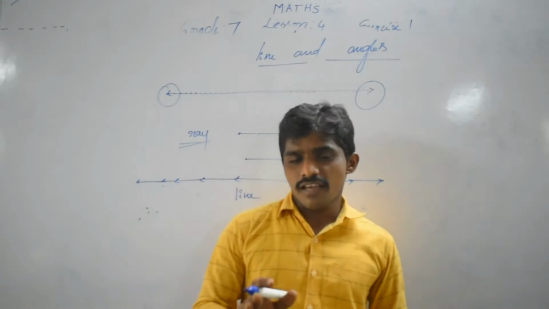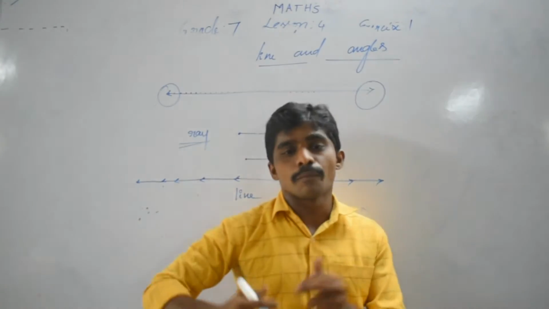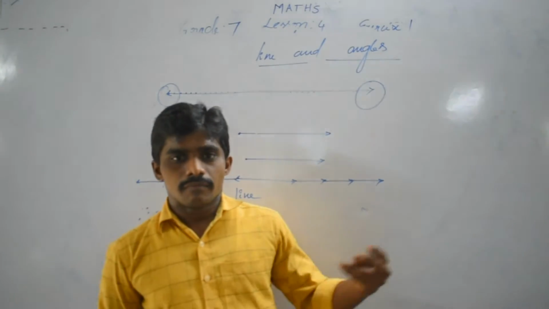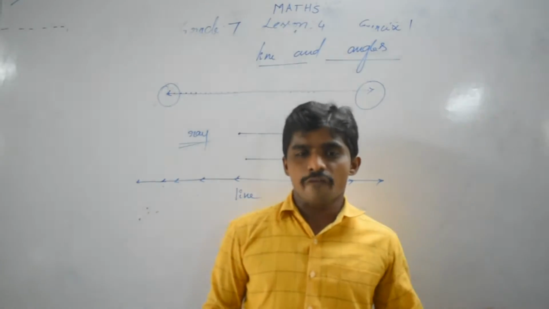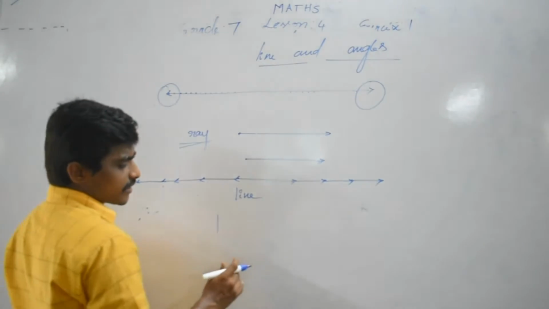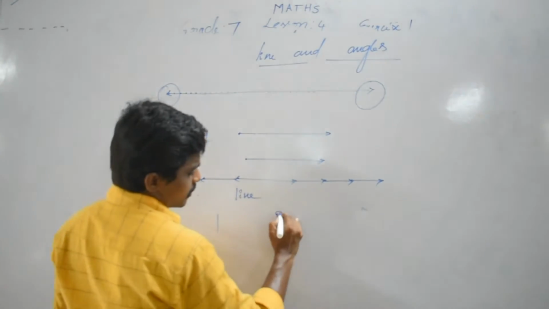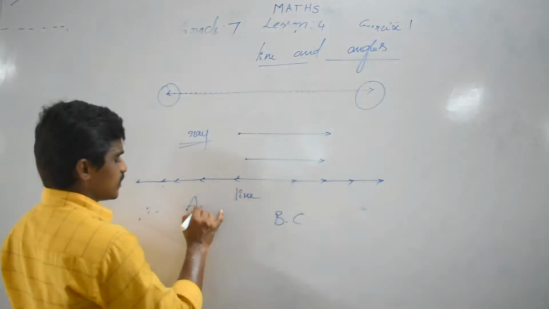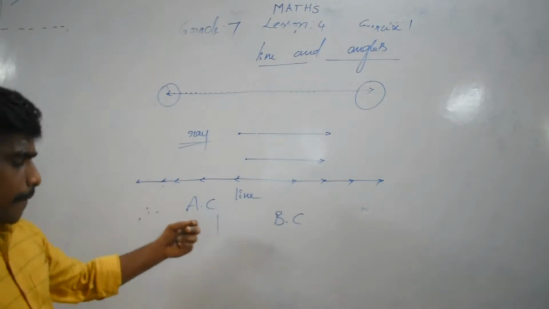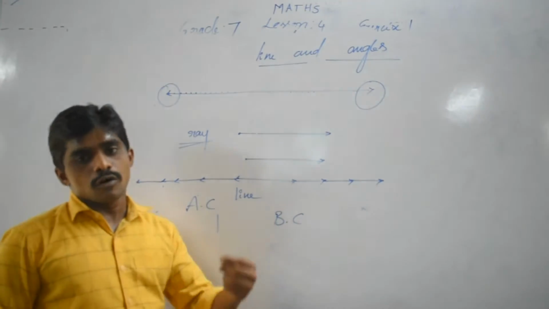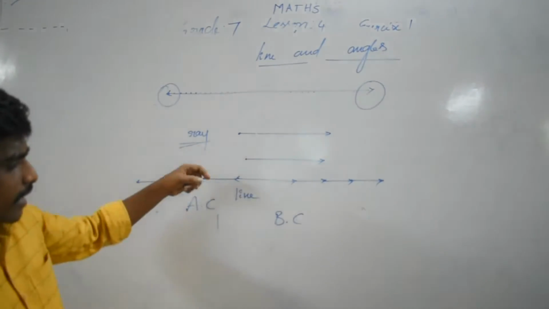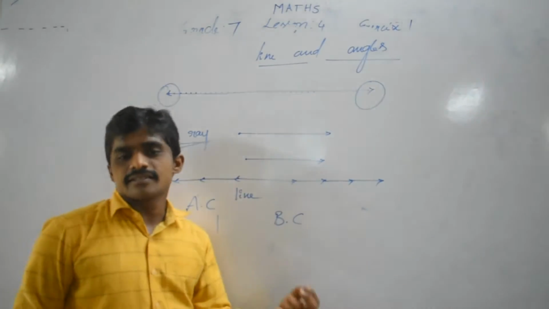The first year is not really a starting year; that is human-created. We divide total time into two parts: BC, before Christ, and AC, after Christ. Many years finished before that, but we don't know. So examples of a line are integers and time.